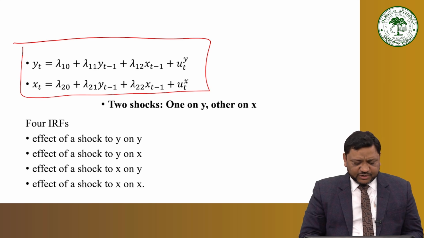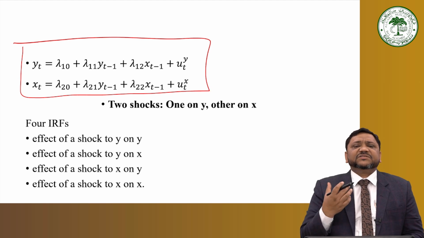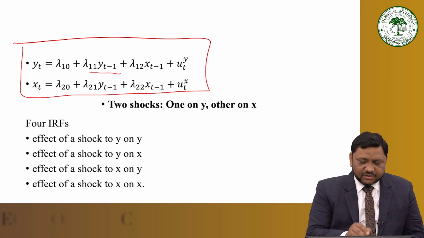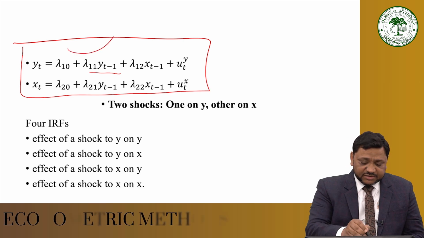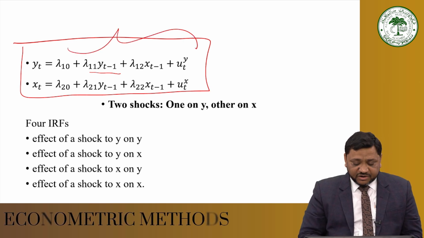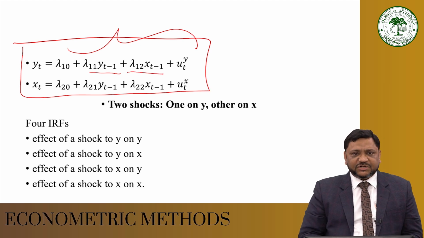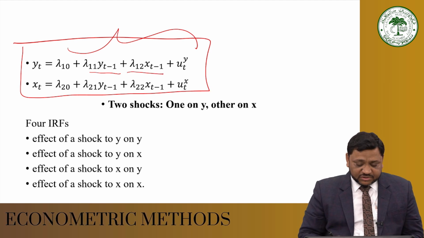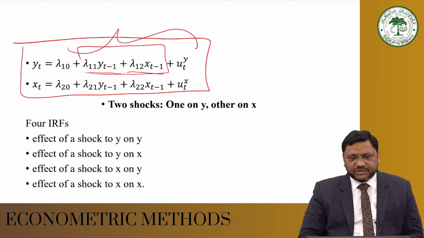The things we need to see are that the dependent variable is also present as a lagged variable among the independent variables, and also there is a lagged variable of xt. So there is no contemporaneous relationship. The explanatory variables are in lag terms.